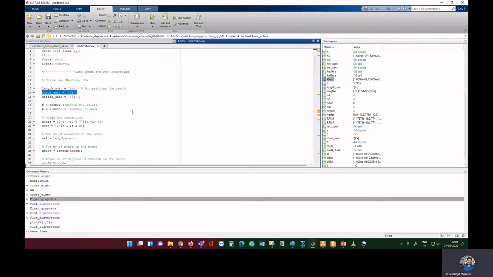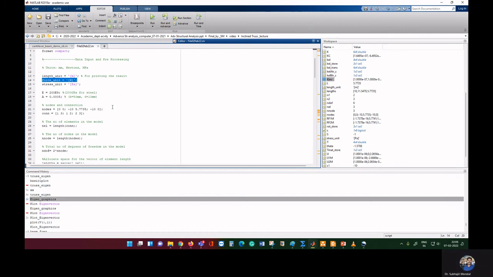If you use any other unit system, then you have to interpret the result in that format only. The values of E and A were given there. E is 200 GPa, which I converted to 2 into the power 11 Pascal, or 200 into 10 to the power 9 Pascal, and A is given there.